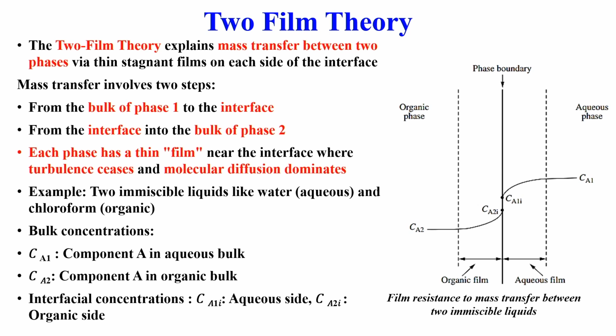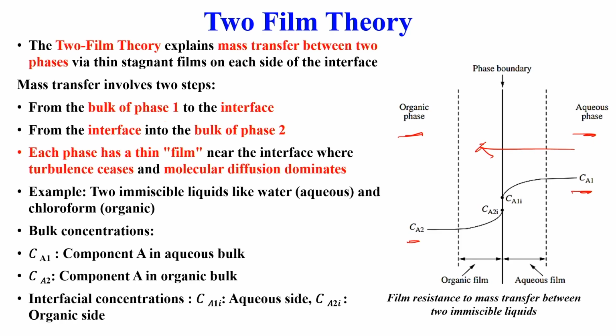So, let us see the two film theory quickly. There is an organic phase and an aqueous phase. The concentration is higher in phase 1 and lower in phase 2, so this is the direction of mass transfer.